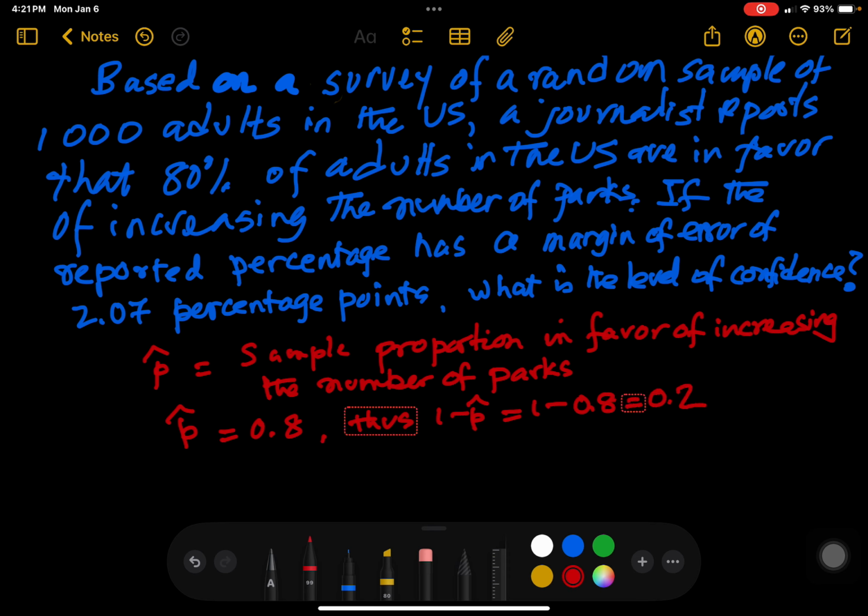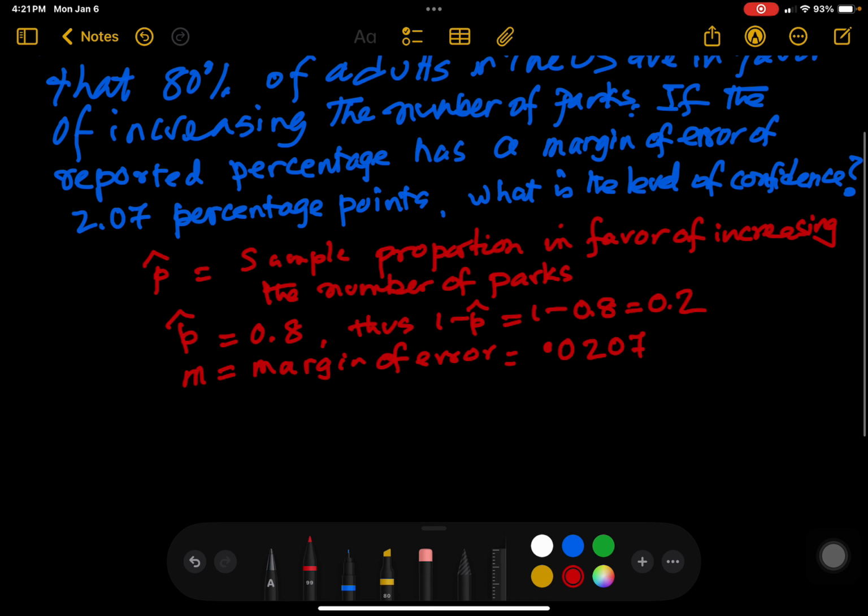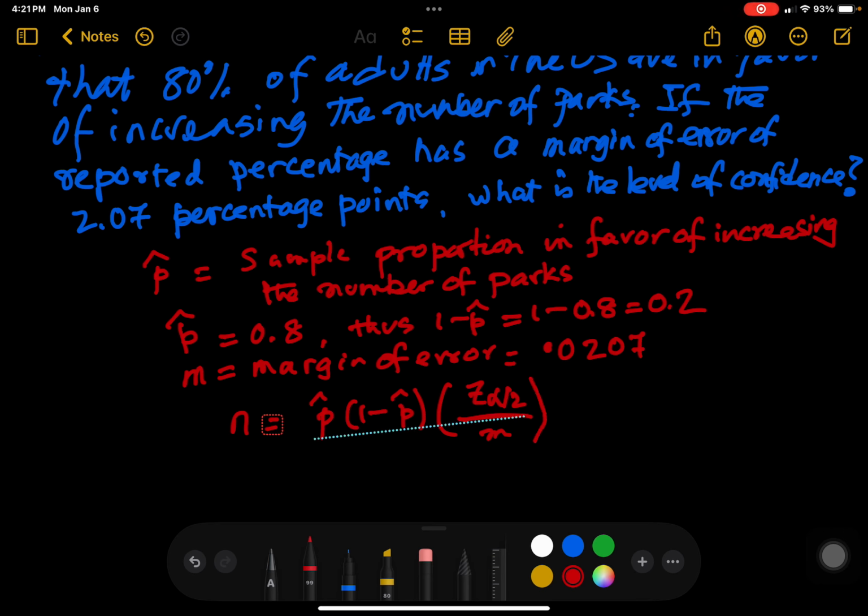Now the margin of error, M, is given as 2.07 percentage points, or 0.0207 when expressed in decimal. Now the formula for the sample size n is equal to p hat times 1 minus p hat times Z alpha by 2, divided by the margin of error, squared.